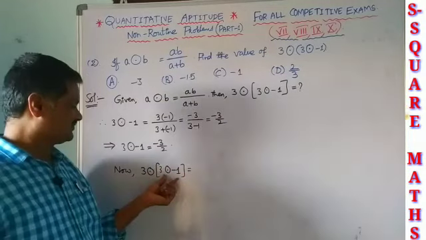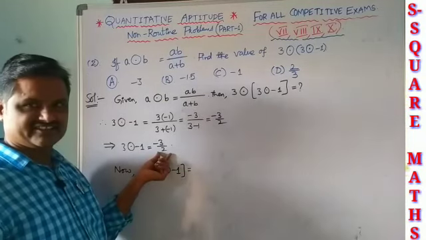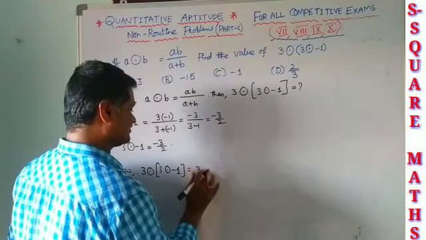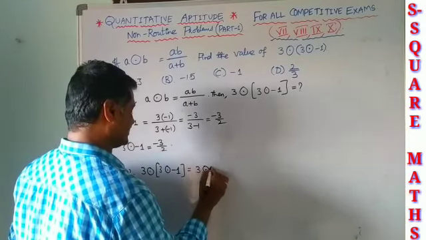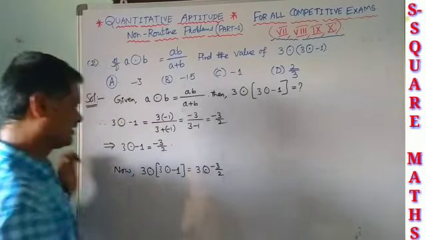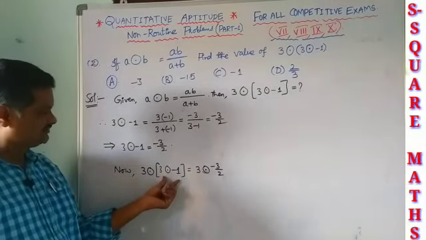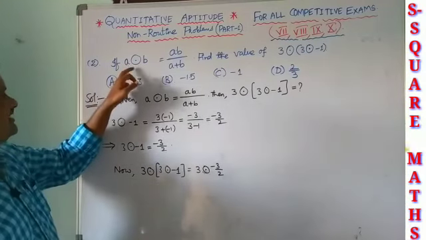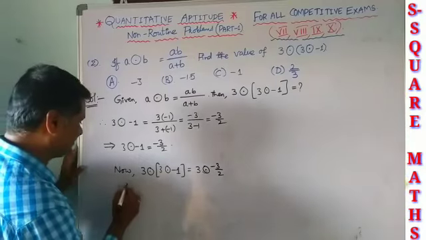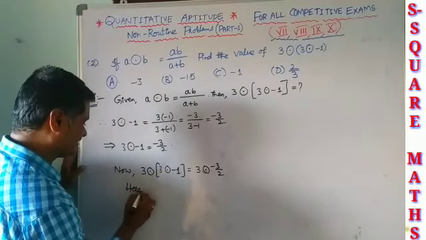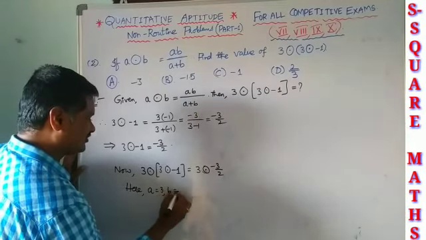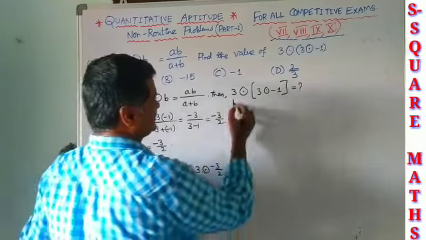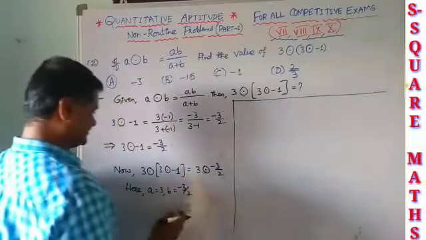Here we got the value minus 3 by 2, so now 3 circle dot of minus 3 by 2. Now it is in the form of A circle dot B, where A is equal to 3 and B is equal to minus 3 by 2. Now let us see the remaining part.